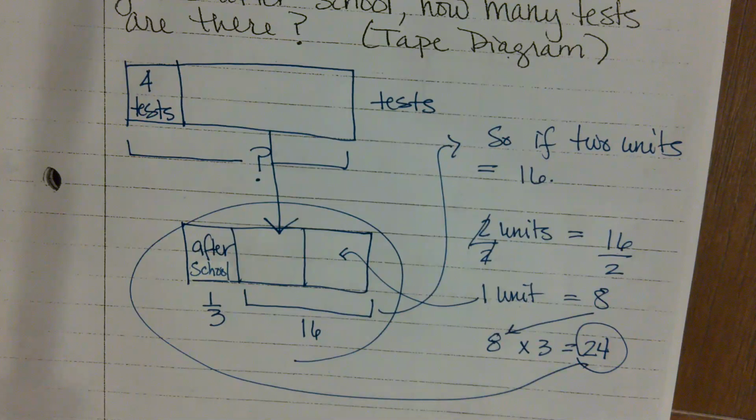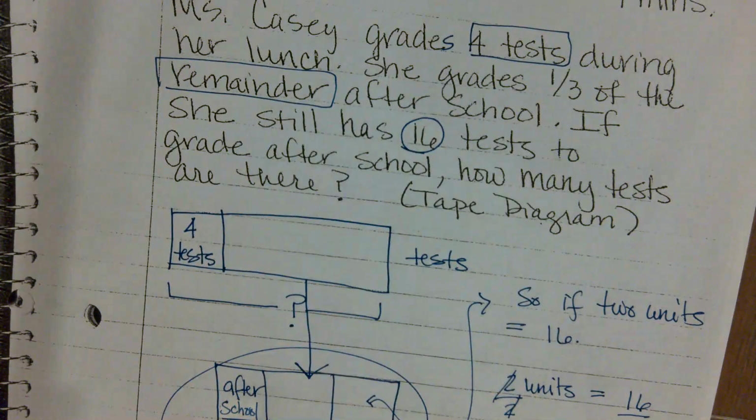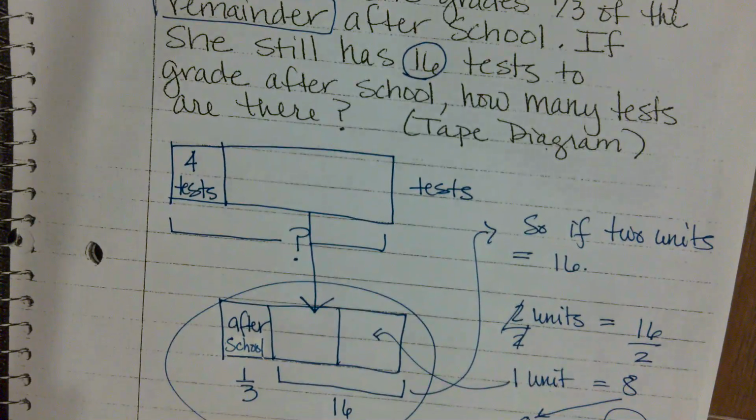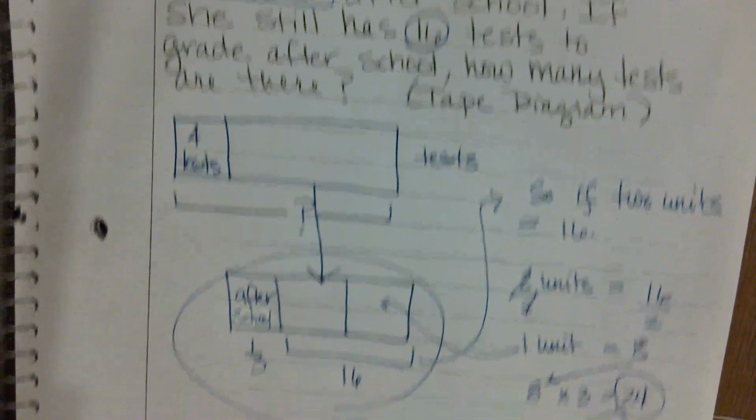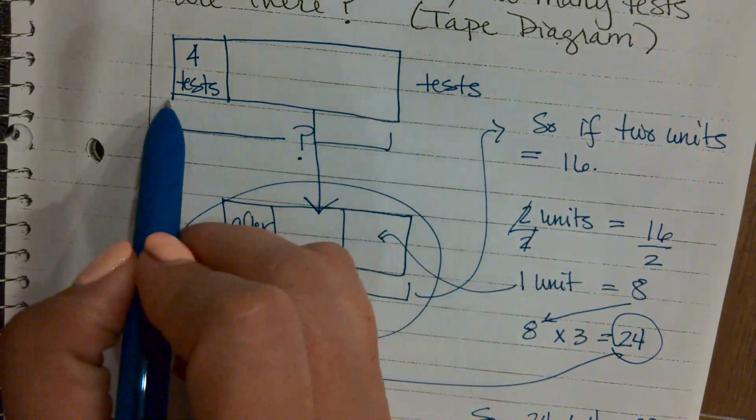Okay, let's take a look at the problem. So we know there are 4 tests during lunch. Then she grades 1/3 of the remainder after school. If she still has 16 tests to grade after school, how many tests are there? So here are all the tests.